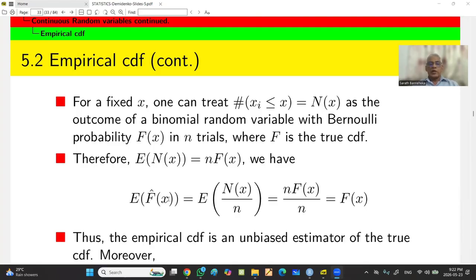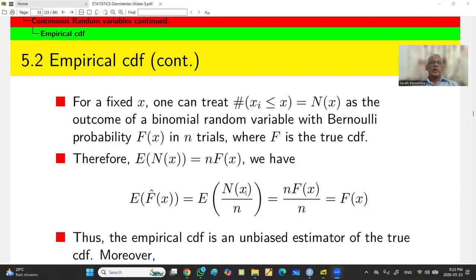Now let us look at the expected value of F hat x. Remember, F hat x is equal to Nx divided by n. We defined F hat x to be Nx divided by n, where Nx is the number of observations in our random sample which are less than or equal to x.